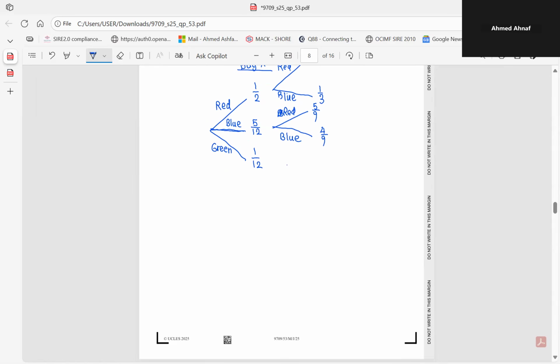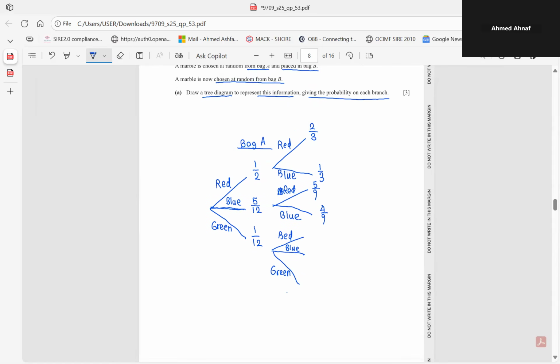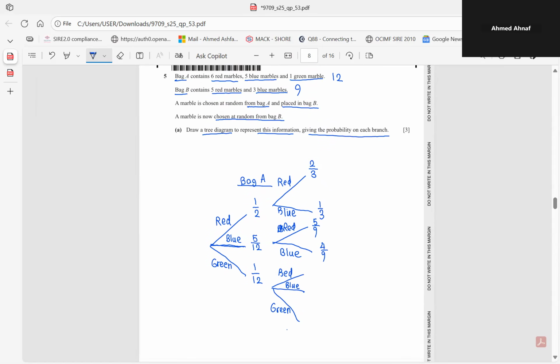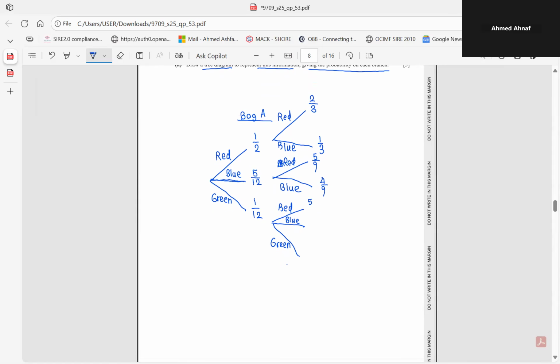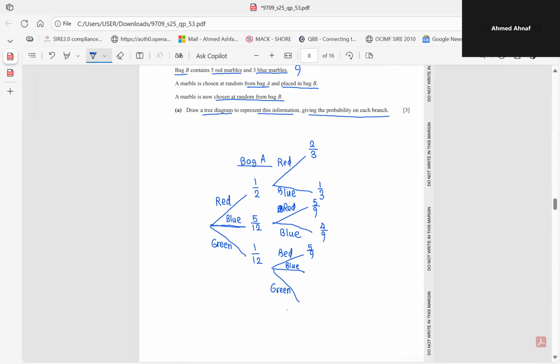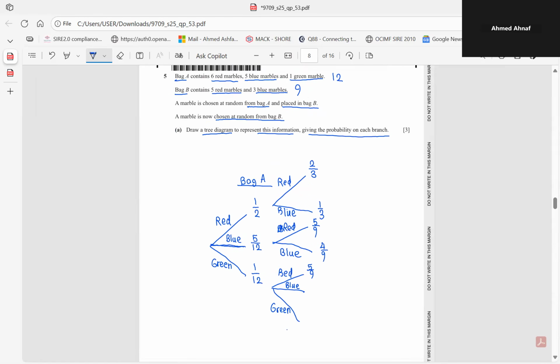And lastly, if you choose green, you would have three possibilities. Again, red, blue, and green. So if you choose red, you would still have 5. So this is 5 over 9. Choose blue, you'll have 3.